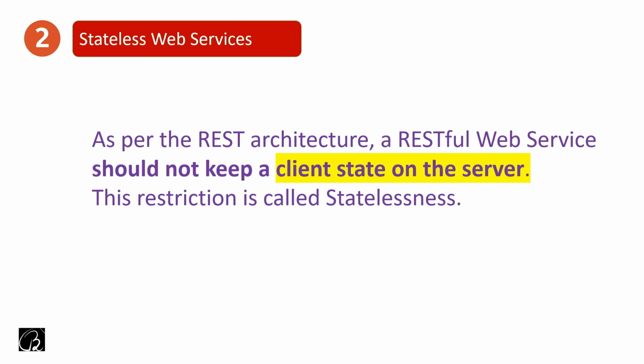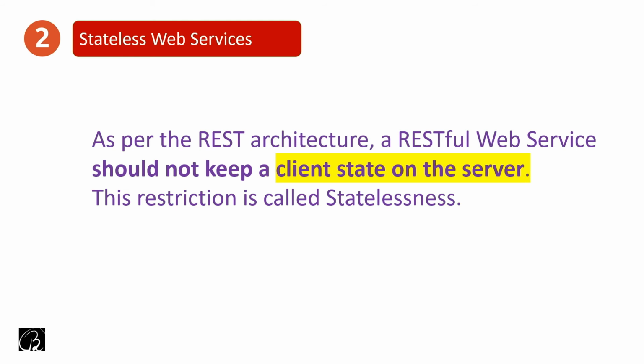This is because right now we don't have a single server for a single application. Let's talk about Amazon. For Amazon, thousands of servers are distributed around the world, right? So we don't know which request will go to which server. That is why we cannot keep a session or client state on the server.